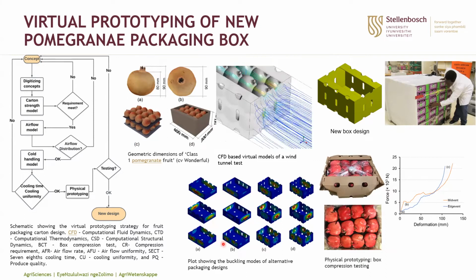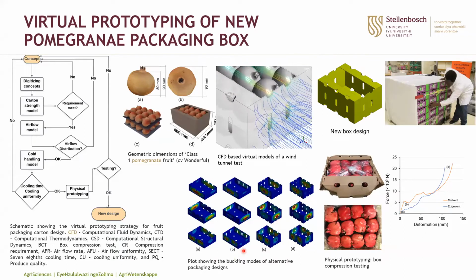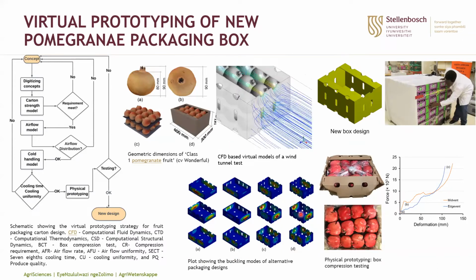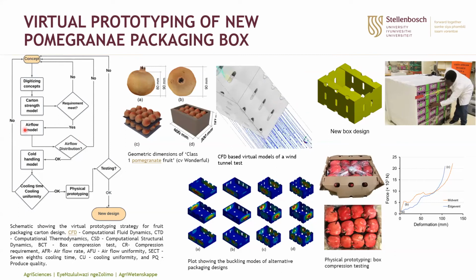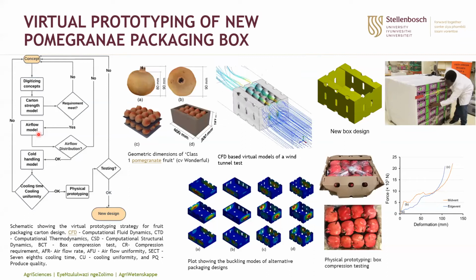What you see here as a color code is the mode of deformation or the mode of failure of various competing designs. And airflow is modeled, and its cooling capacity and air distribution capacity are also modeled.